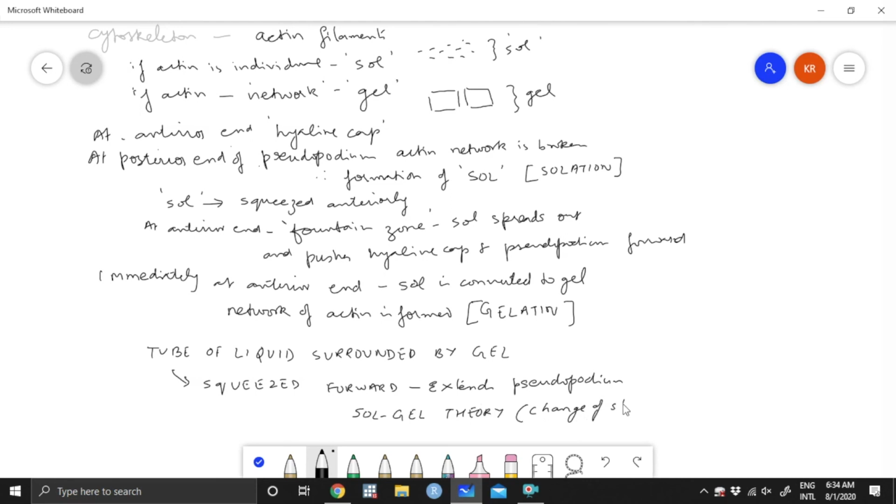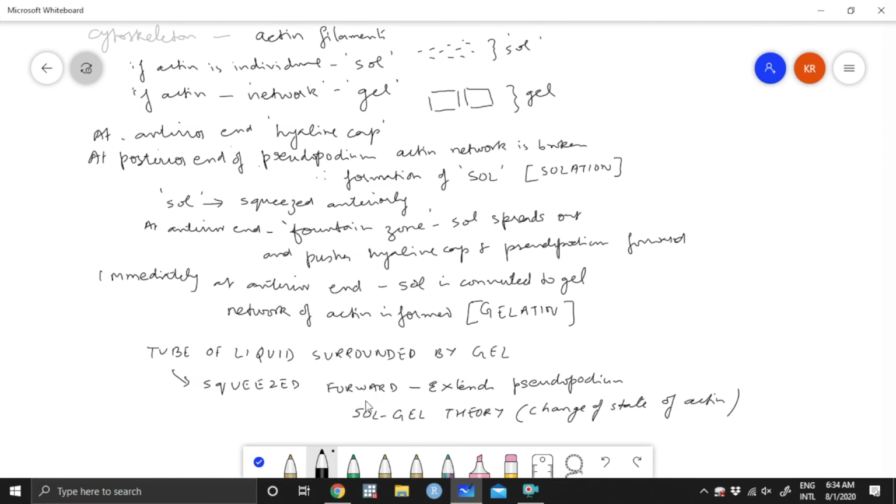That means from being individual or separate molecules to becoming converted into the form of a network. So that was why earlier it used to be called as sol gel theory.